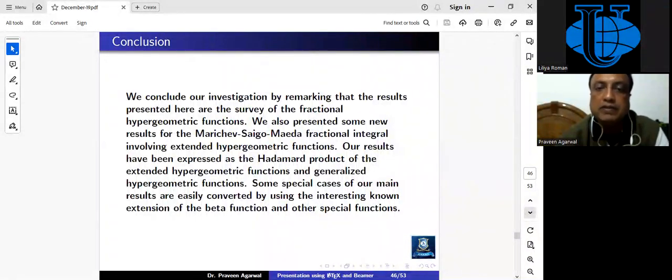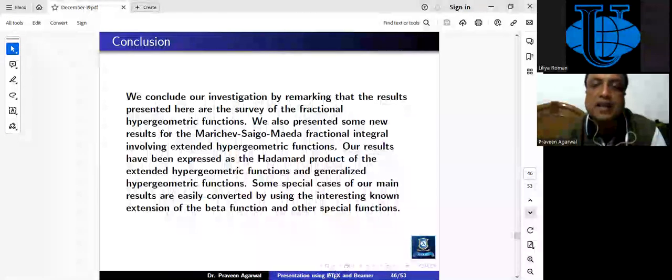So we conclude our investigation by remarking that the results presented here are a survey of the fractional hypergeometric functions. We also presented some new results for the Marichev-Saigo-Maeda fractional integral operators involving extended hypergeometric functions. Our results have been expressed as the Hadamard product of the extended hypergeometric functions and the generalized hypergeometric function.